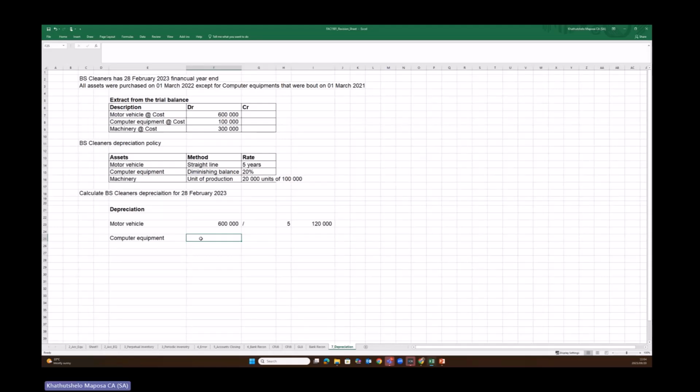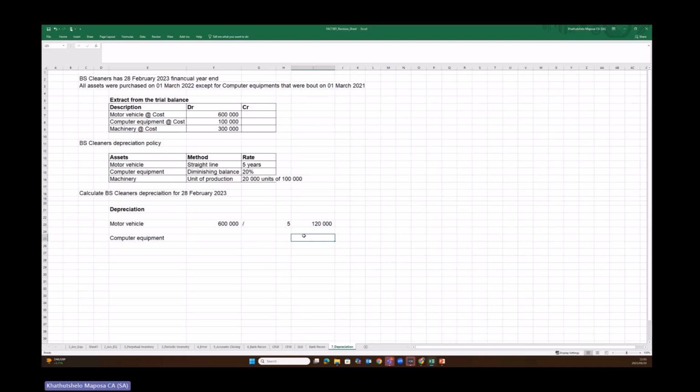Yes. I'll briefly give the answer and try to explain to the people who might not understand. Diminishing means reducing. So the asset is reducing, it loses value, it depreciates from the moment it leaves the store. So we have computer equipment, diminishing balance 20%. The equipment at cost is 100,000, and the diminishing balance rate is 20%.